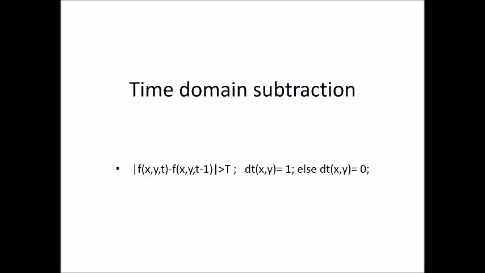The two-frame difference method takes the time difference between adjacent frames in the image sequence, and extracts the moving region by thresholding the difference result. Because the scenes of the video image sequence are continuous in time, the difference value of adjacent frames is small if the environment changes little. At time t and time t minus 1, I can get two images, f(x,y,t) and f(x,y,t minus 1).